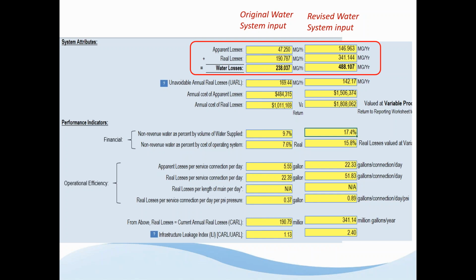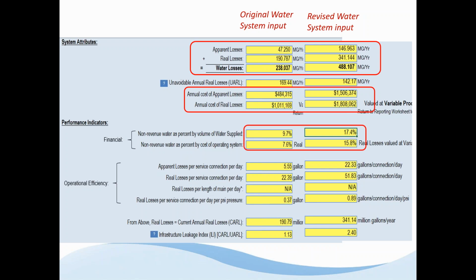And what it's really done is it's told us what our apparent losses and our real losses are costing us. So this is going to help in the directions we need to move forward in our systems. And again, others are going to talk about what we can do to bring these numbers down or recover that revenue, because that non-revenue water is sitting out there.